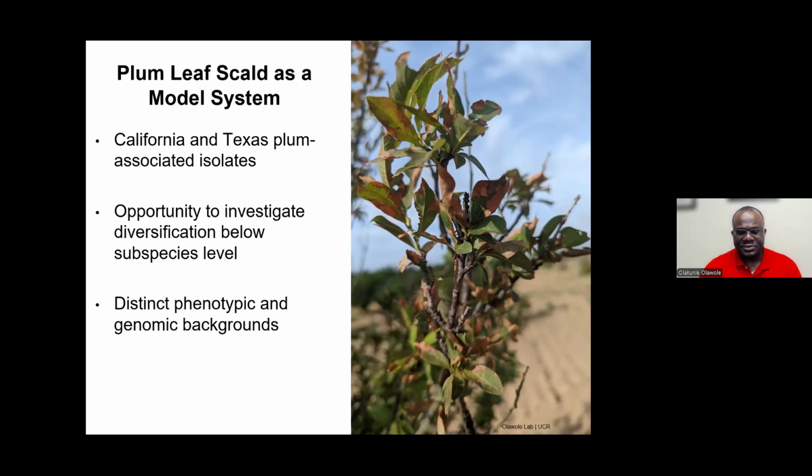One of the things we noticed, which I'm going to talk about in a moment, is that we observe some phenotypic differences between the strains, which suggests some underlying genomic differentiation. Looking at this figure, this is a typical symptom of leaf scorch in agricultural plum.